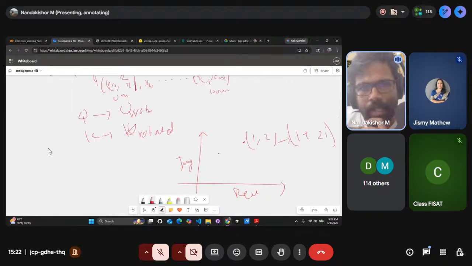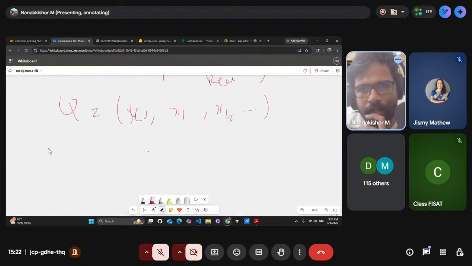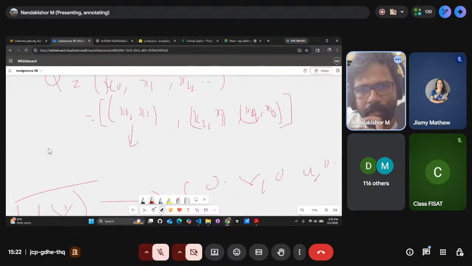Similarly for q, you have vectors like x0, x1, x2, etc. You make them into pairs: x0, x1, x2, x3, and x4, x5. Now we just need to consider this pair, right?